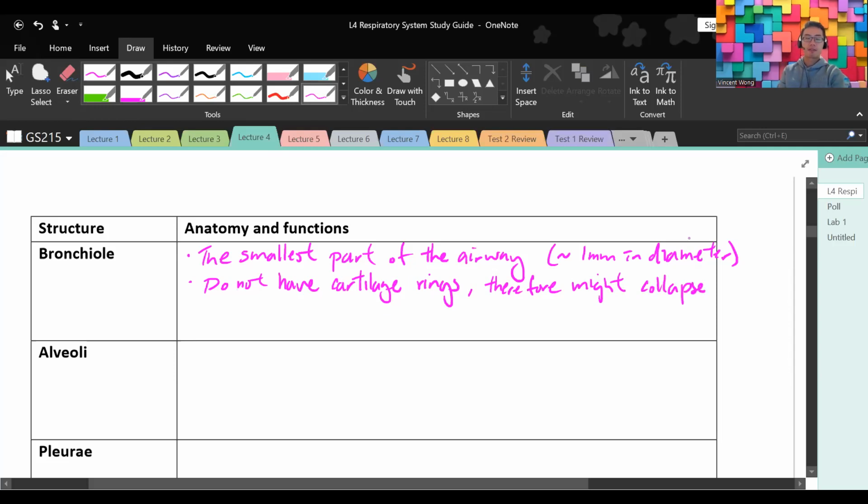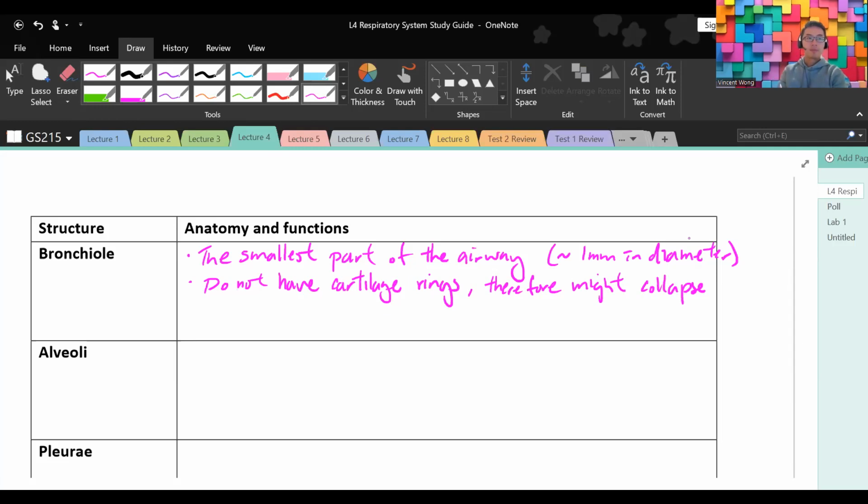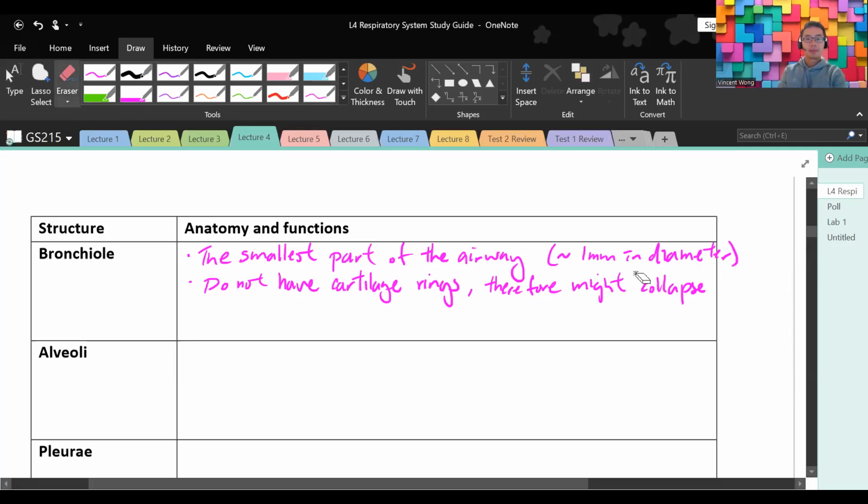During an asthma attack, for example, they might collapse and make it difficult to breathe. Okay. For example, an asthma attack. All right.